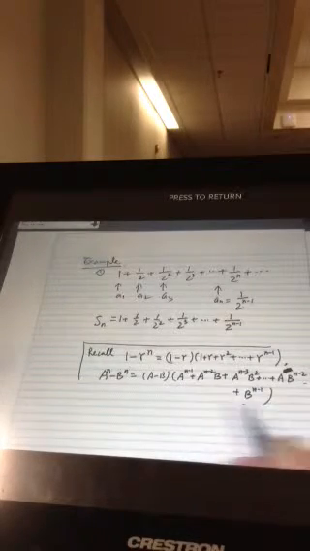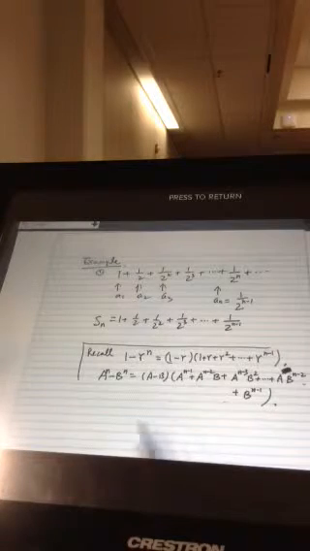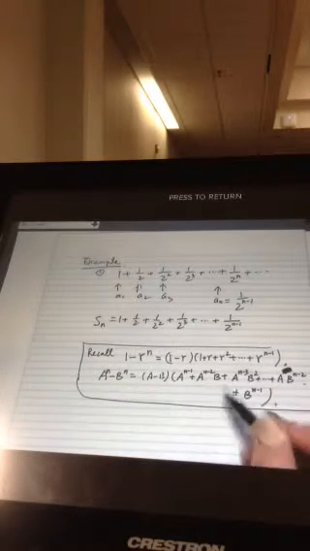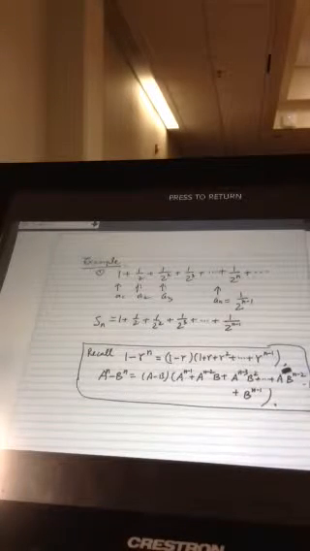Okay, so this times this. Those are from algebra, the factorization.